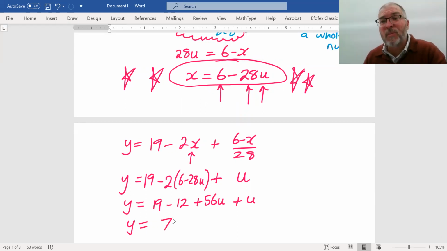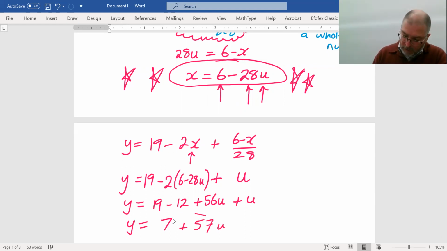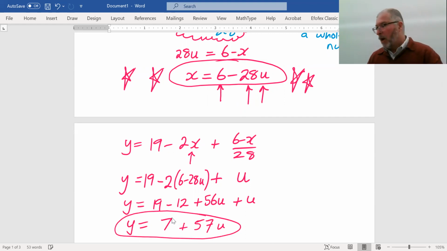And 56u plus 1u is 57u. I'll just put a little circle around that. I'm happy with the two things that you can see, a closed loop around those two things there.